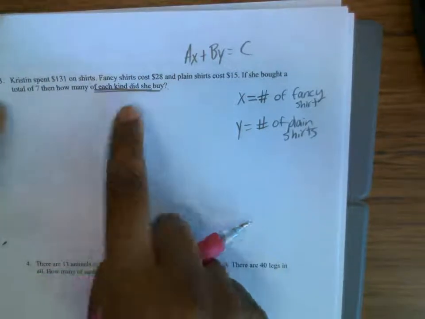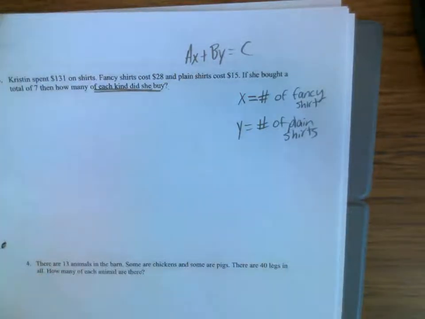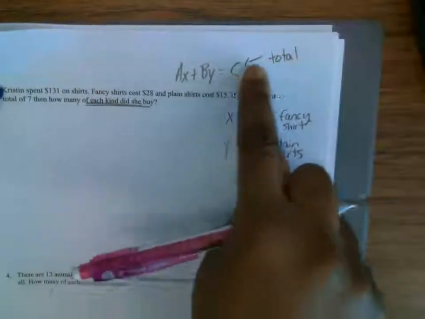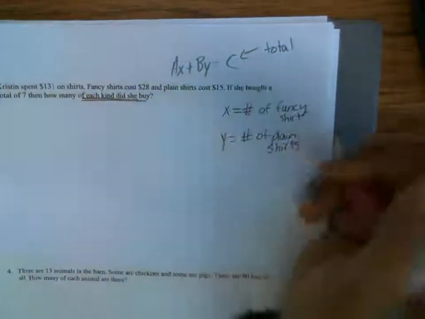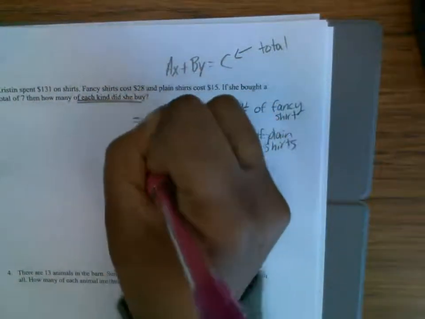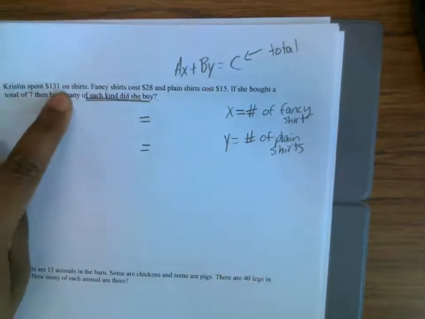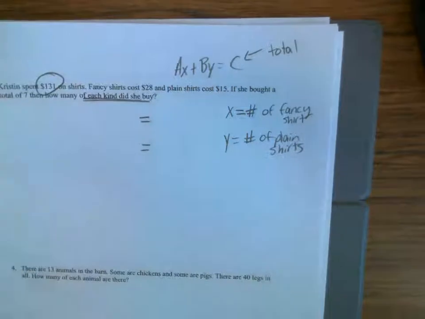Okay. All right. The other thing that you need are the totals. Your total is always going to be where your C is. So let's pick out two totals. Kristen spent this amount of money. That's a total right there. She spent it on shirts.